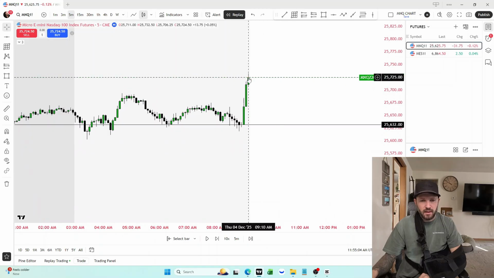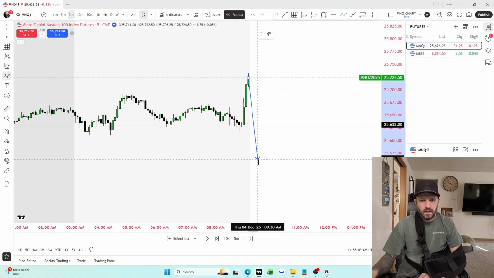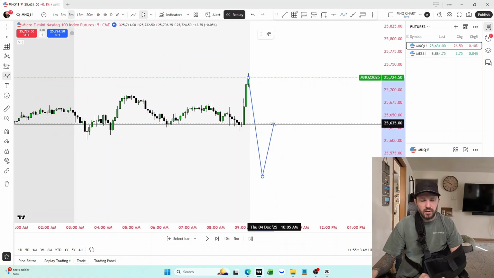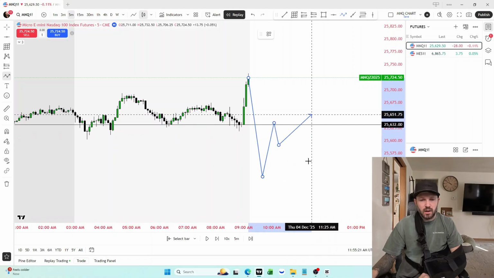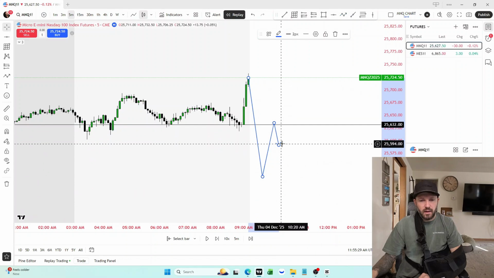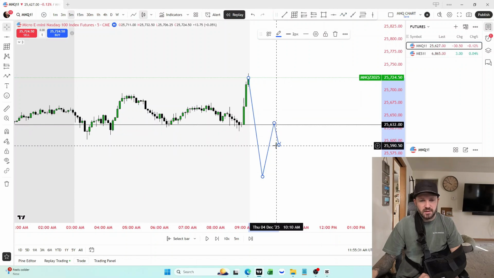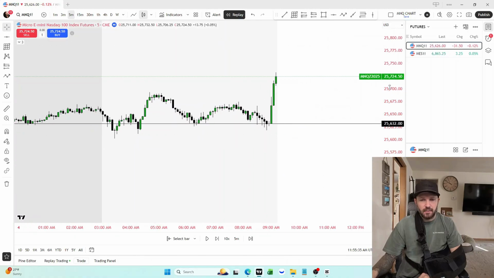Not only that, but we need to break this low, and then we need to come back to near or around equilibrium and create a lower low, a lower high. At this point, this is where I would think about entering after we come back to equilibrium and start to rotate out. So this was my plan going into the day.